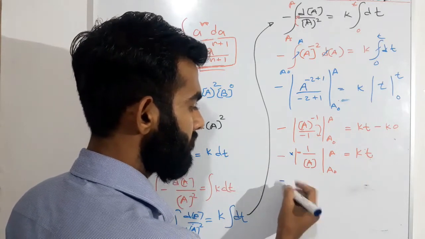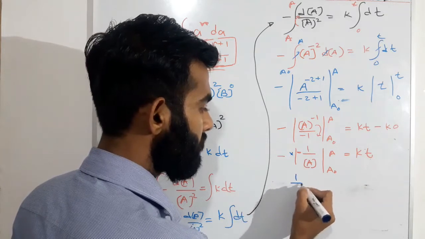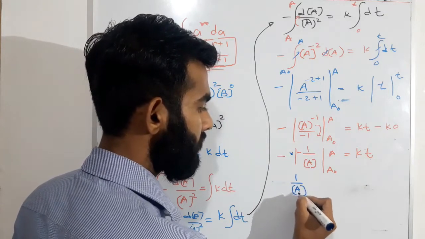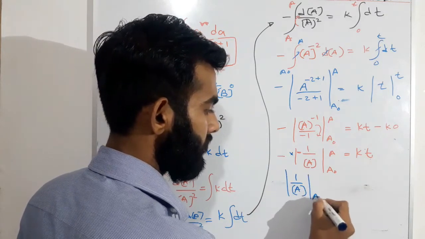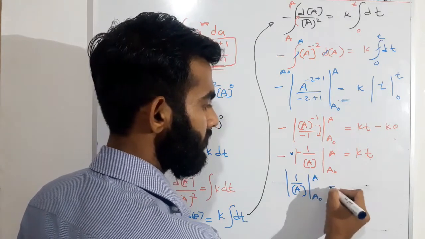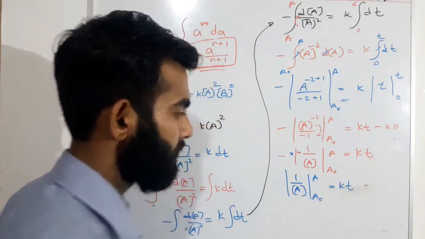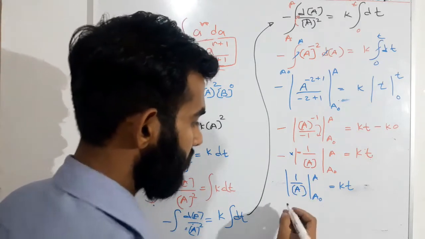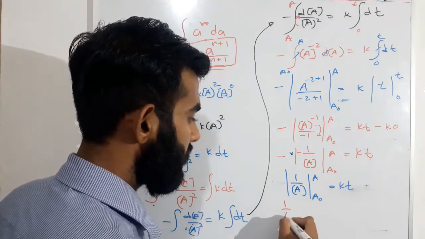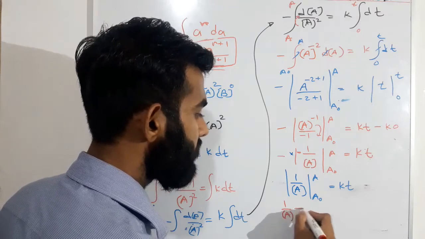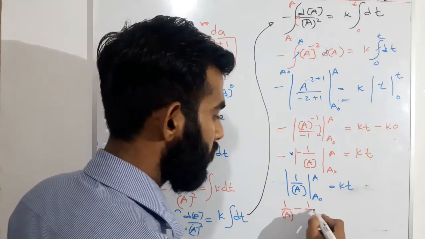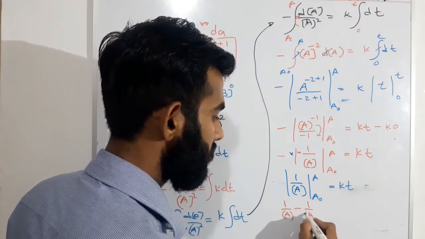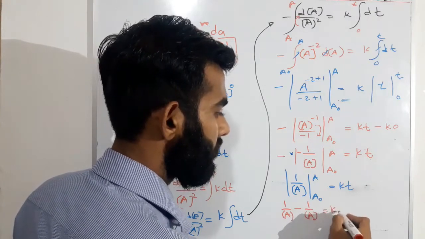Now this term will be a positive term, 1 over a, a naught to a, equal to kt. Okay. Now we can substitute these upper limits. What is that? 1 over a, we have to deduct the lower limit, 1 over a naught, equal to kt.